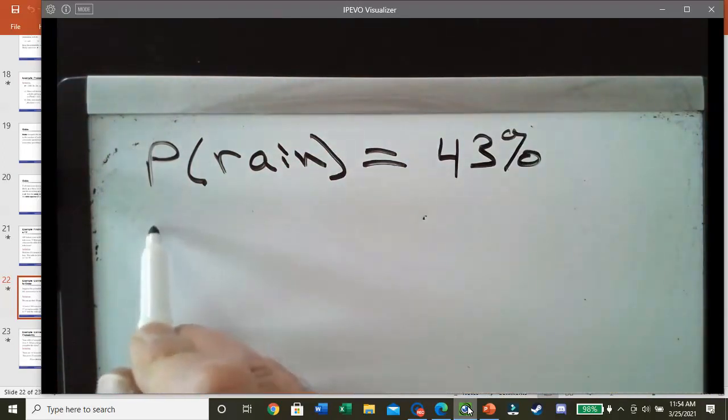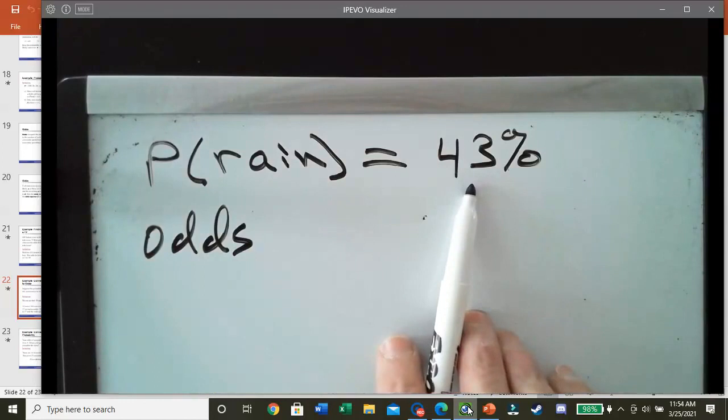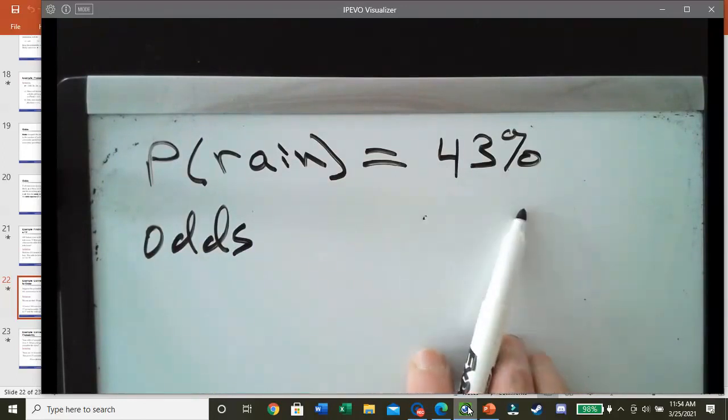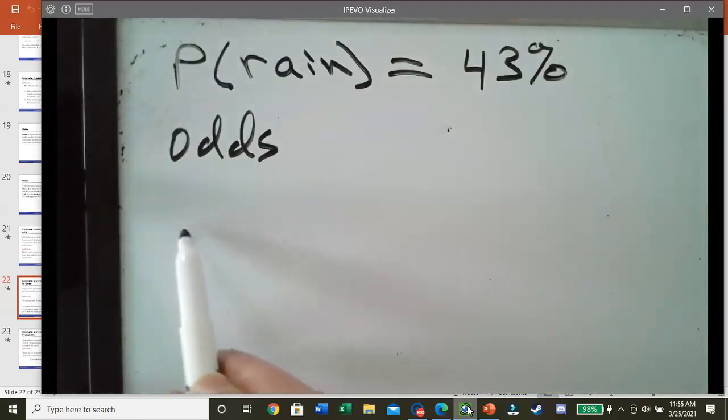Okay, so we want this in odds. So basically, you change this from a percentage to a decimal, and then from a decimal to a fraction. And then from there, you can find the odds. So again, odds.